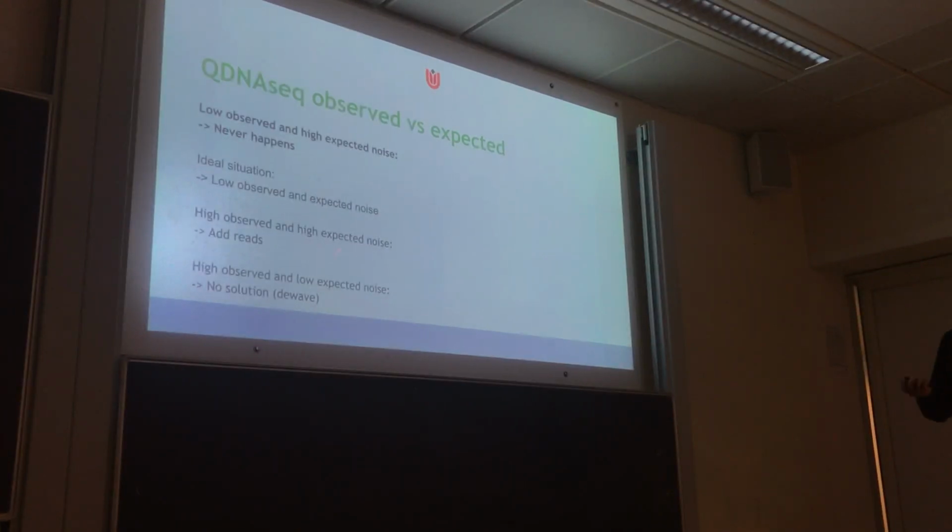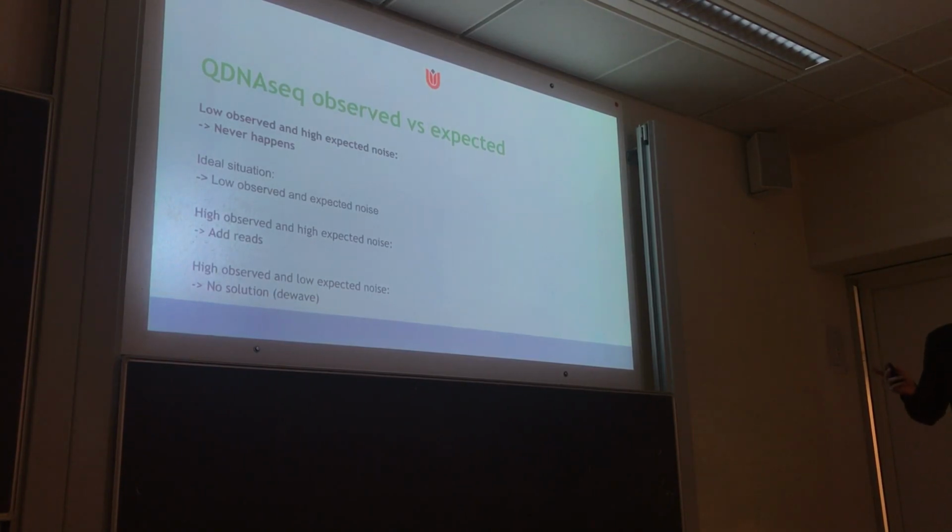You expect some variation. So this never happens. The ideal situation is low observed noise and low expected noise. A high observed and high expected noise means you have few reads, so you just put the sample on a sequencer again, if you can. And then a high observed and a low expected noise, there's not really a solution here.